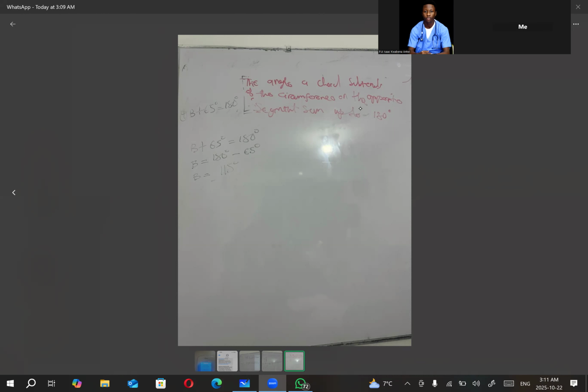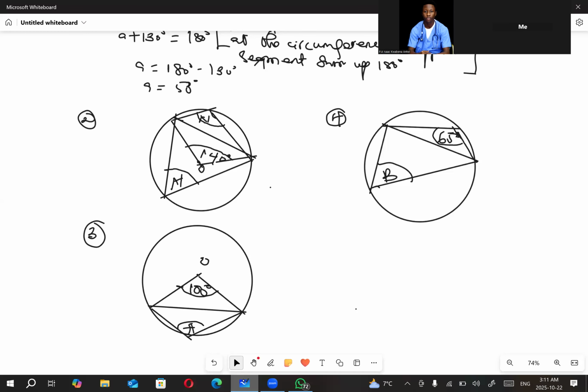They also could solve question 4. Question 4, like I said earlier, looks straightforward. So this is going to be 65 plus b equals 180 degrees.